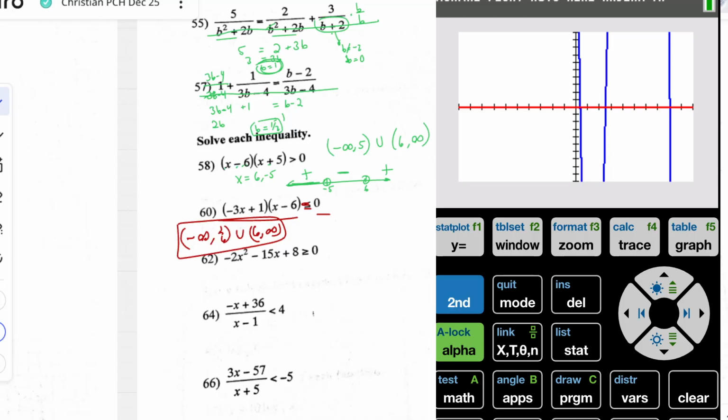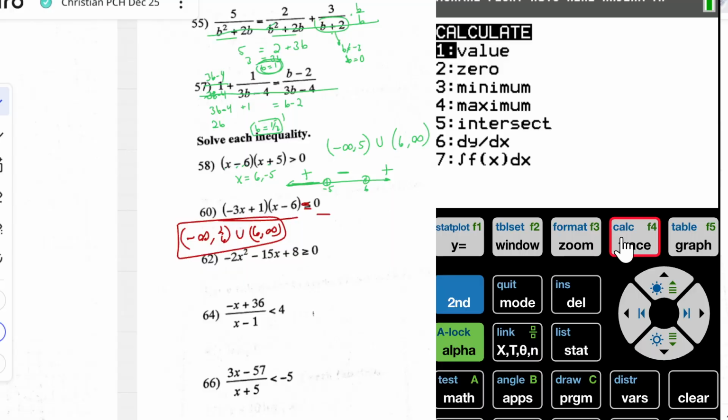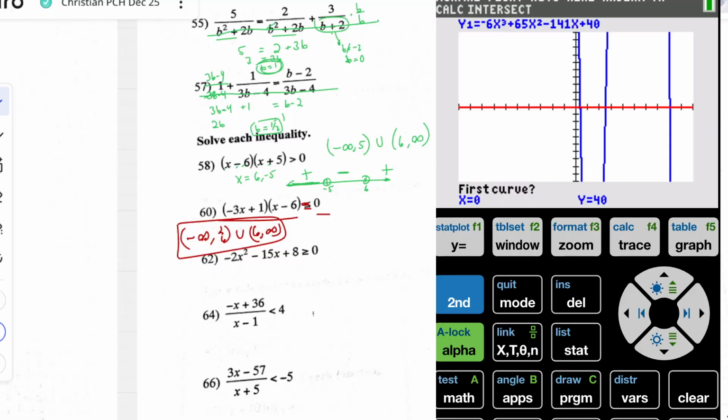Now, if you want an exact answer for that 5/2, you can. Of course, you probably shouldn't need to do this, but second calc, and then intersect. I'm trying to figure out this number right here. So it says first curve, so I just hit enter.